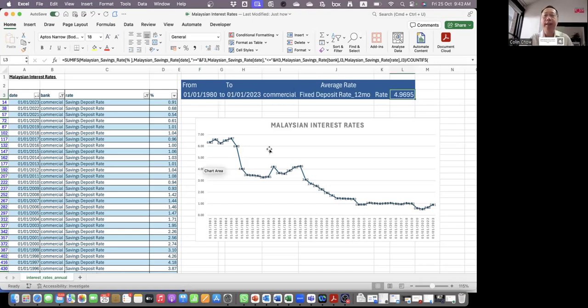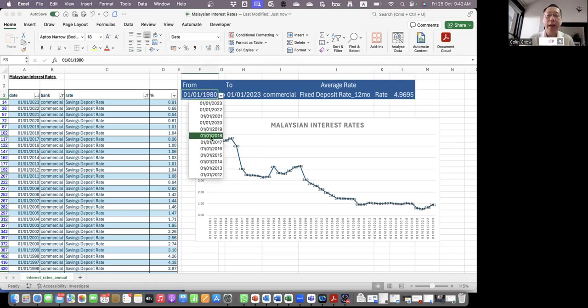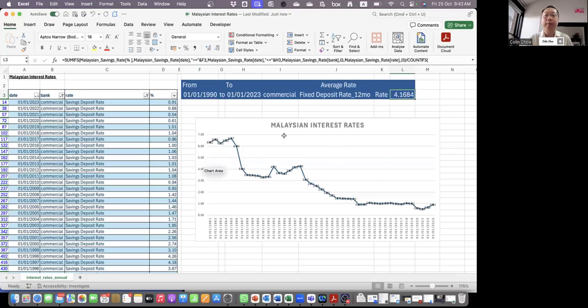So this 5% is actually higher than any savings plan that you have in this world, and also it is not available anymore. Okay, but if you scale this model back to say you start from say 1990 to today, this average interest rate has already dropped to 4.1%.